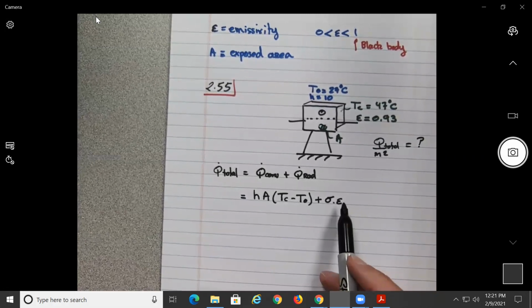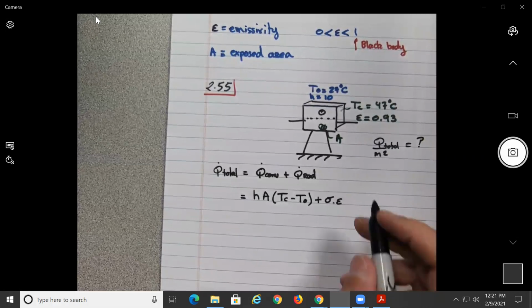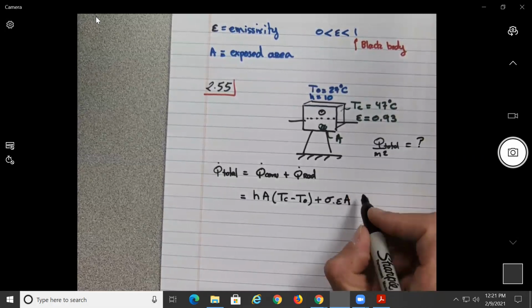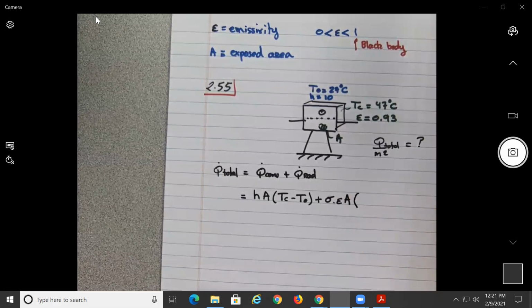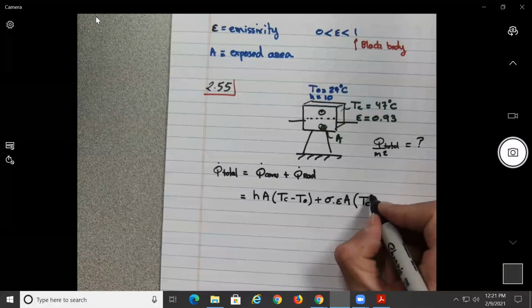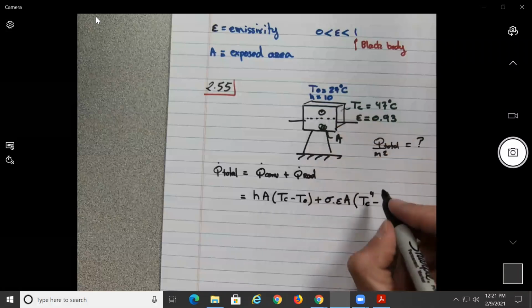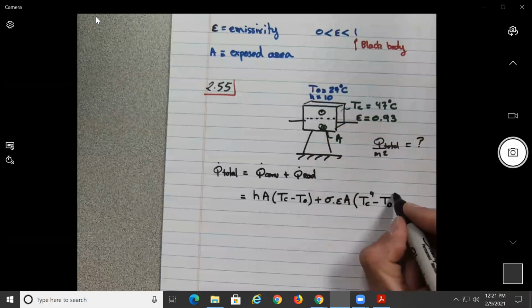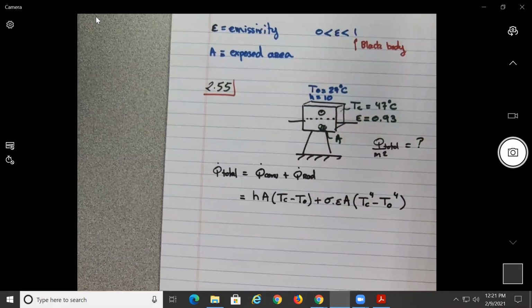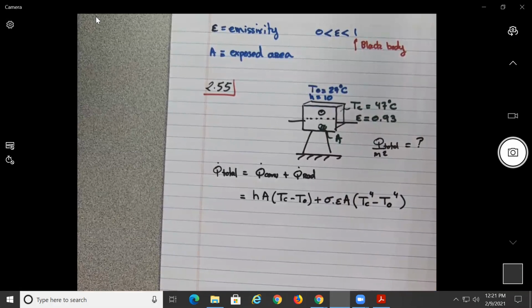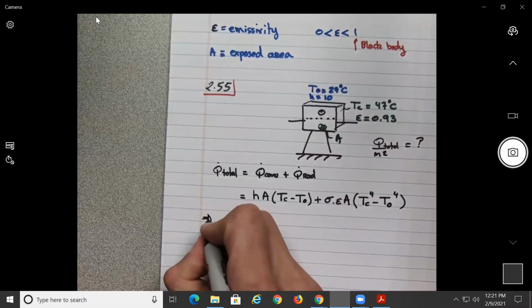So the other one now should be the area A, and then the temperature. The hot one should be Tc to the fourth, and this is going now to the medium, which is T0 to the fourth.